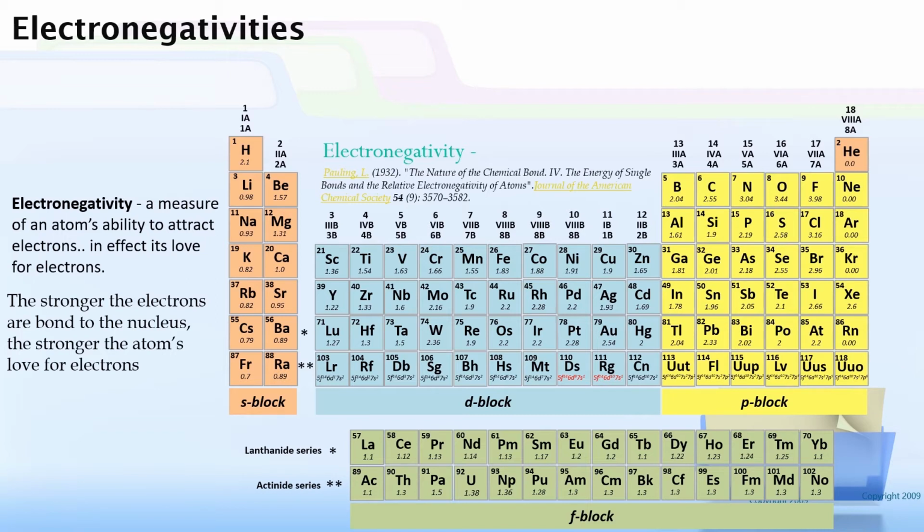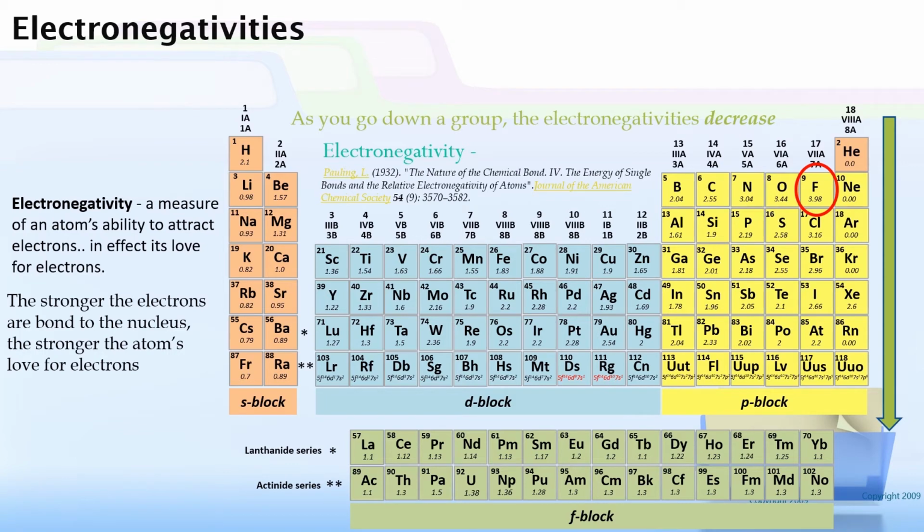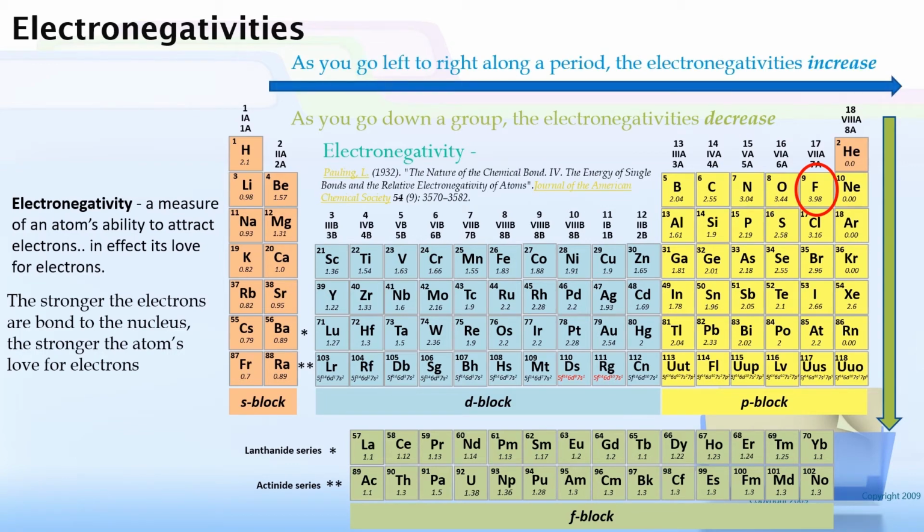Pauling liked to think of fluorine having the standard top grade, a wonderful 4.0 EPA, electronegativity point average. Now, the other values on the table are relative to this 4-point scale. The electronegativities decrease as we go down a group, and as we move from left to right across the period, the electronegativities increase.